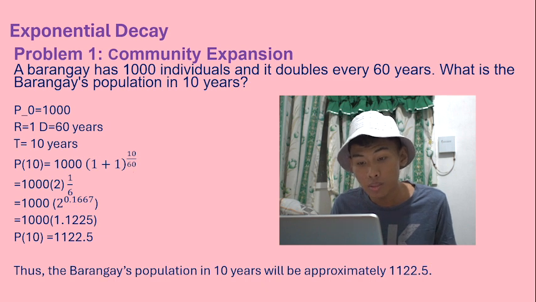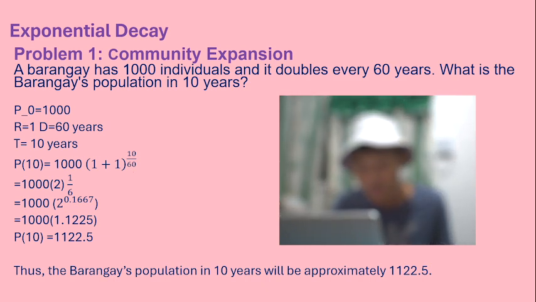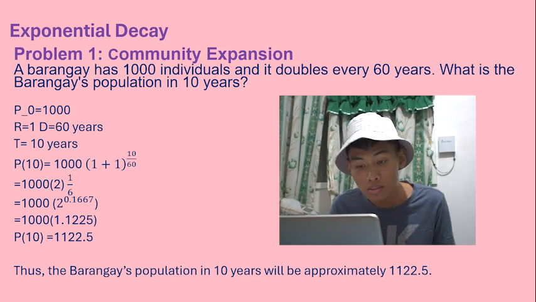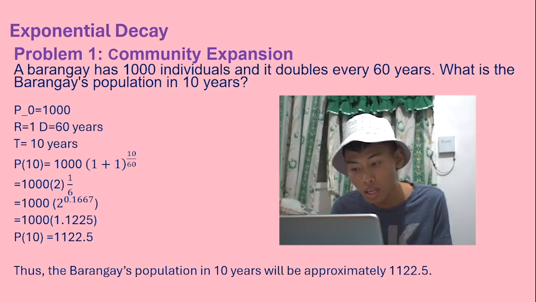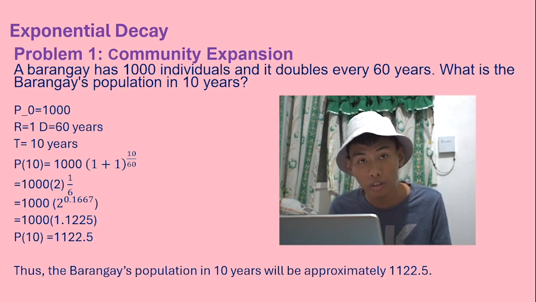Then raising 2 to 1 over 6, that is 2 raised to 0.1667. Calculating that, it becomes 1.1225. And then P of 10 is equal to 1,122.5. Thus, the population of the barangay in the span of 10 years will be approximately 1,122.5.